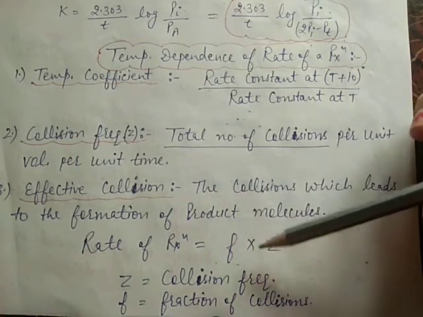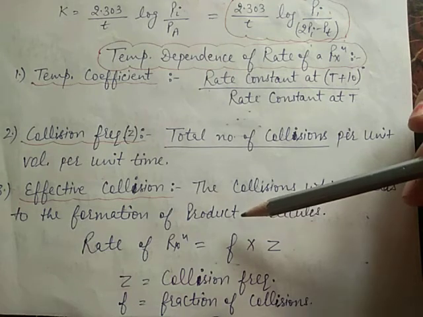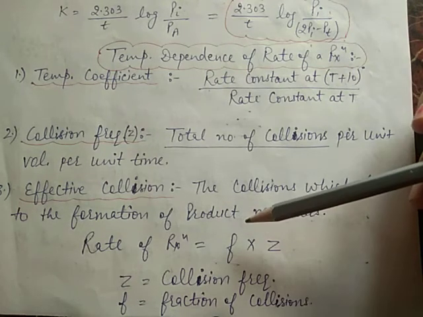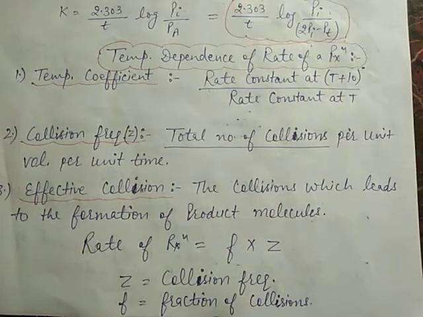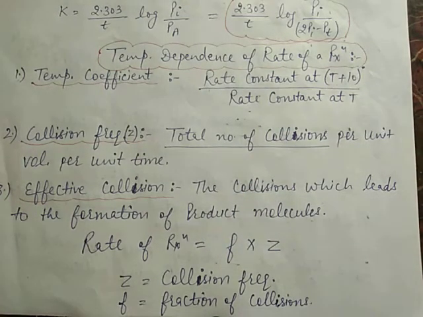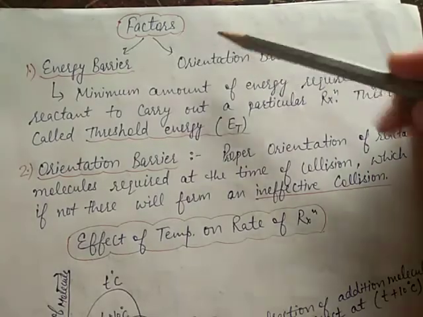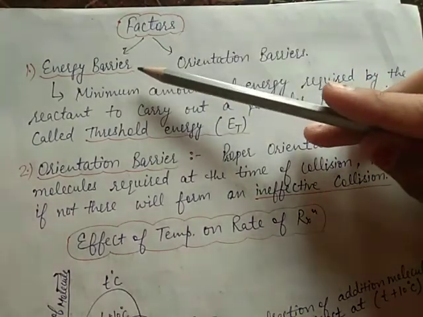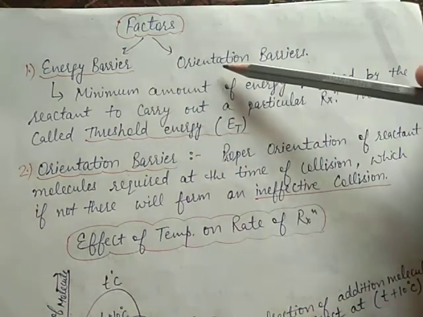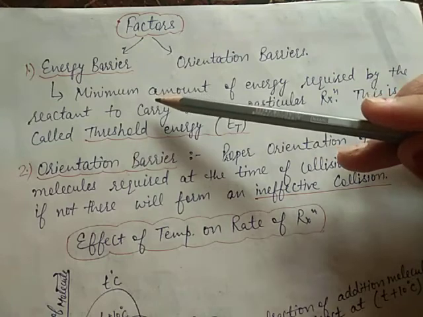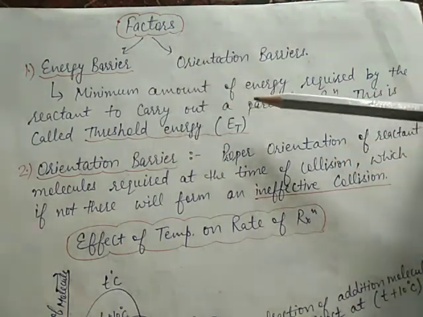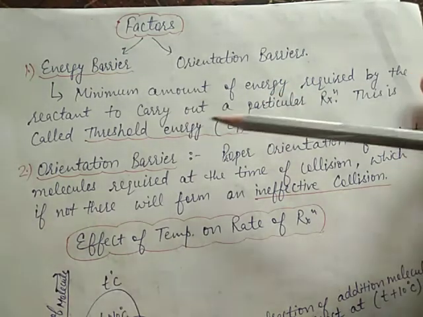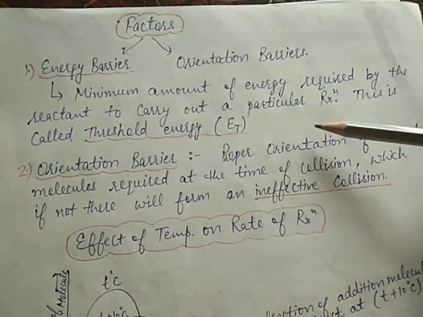But this depends on two factors. These factors decide whether the collision will be effective or not. First is the energy barrier, second is the orientation barrier. What do you mean by energy barrier? Energy barrier means the amount of energy required by the reactants to carry out a particular reaction.